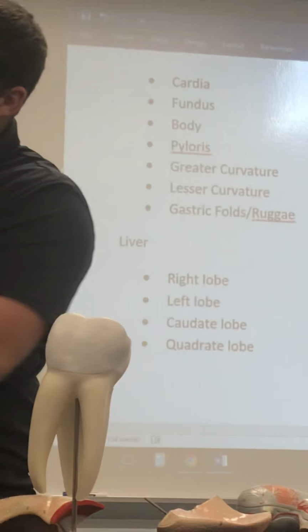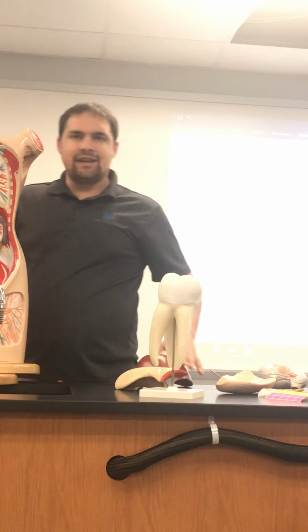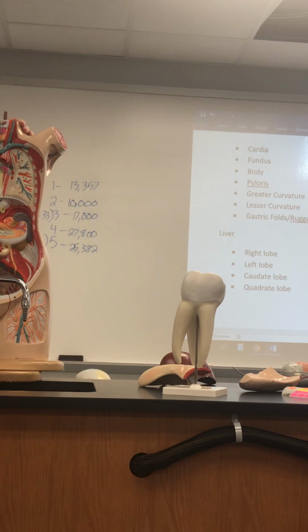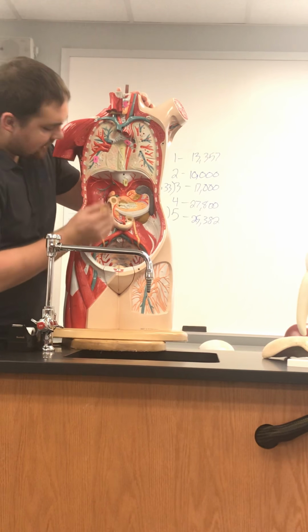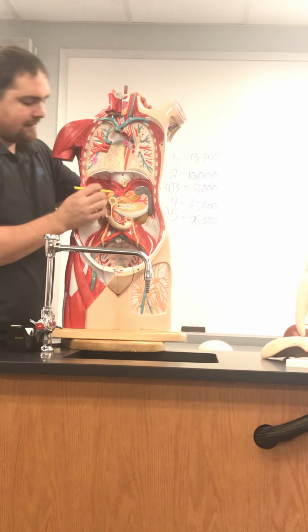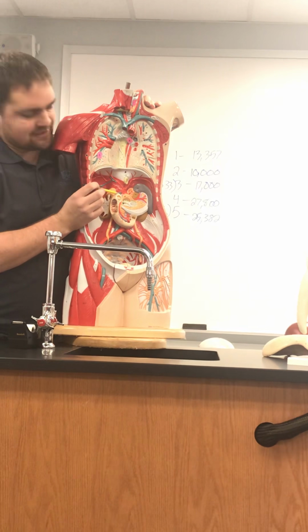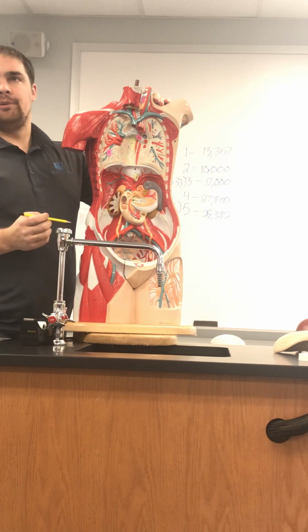Now, if you were to put this into our torso, we can follow that common bile duct down to the duodenum. So we see here, it says 328, right next to our hepatic portal vein. We see this green little tiny portion of a tube.